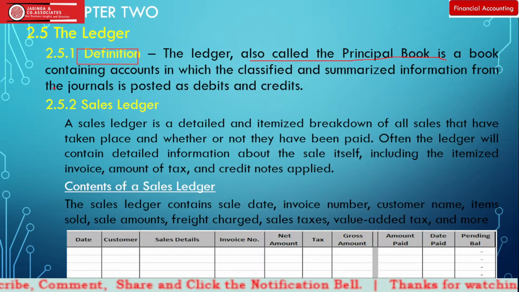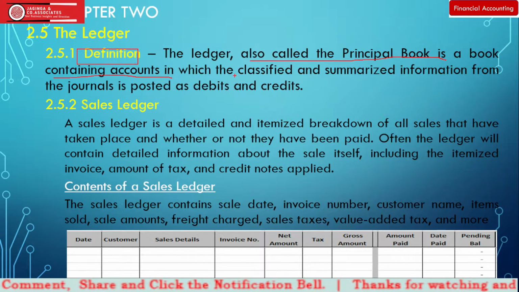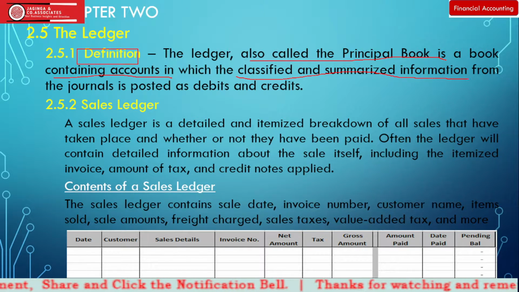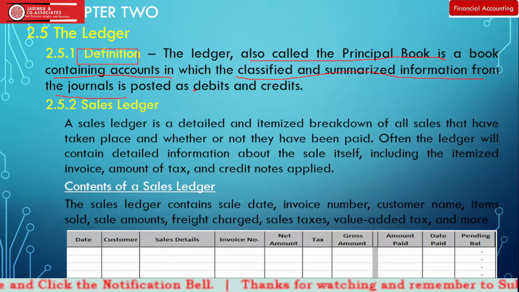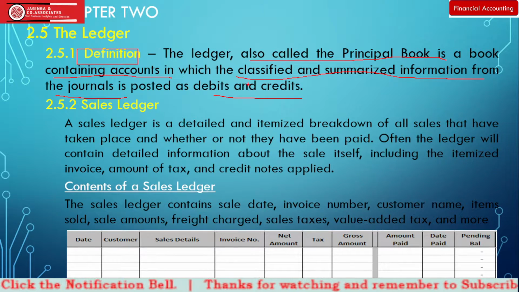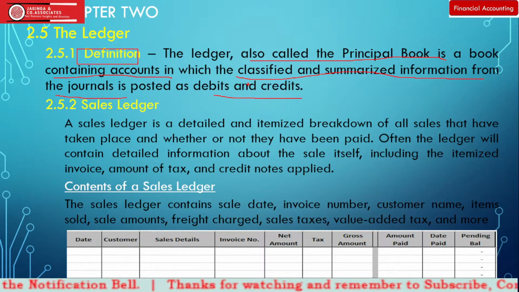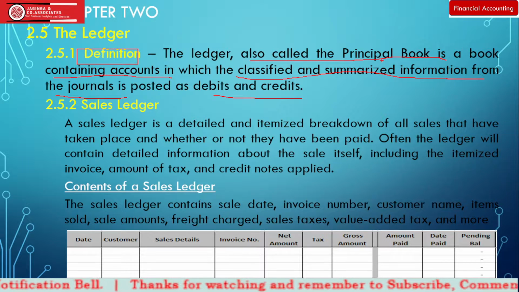It is a book containing accounts in which the classified and summarized information from the journals is posted as debits and credits. So the ledger is called a principal book, and it contains accounts.